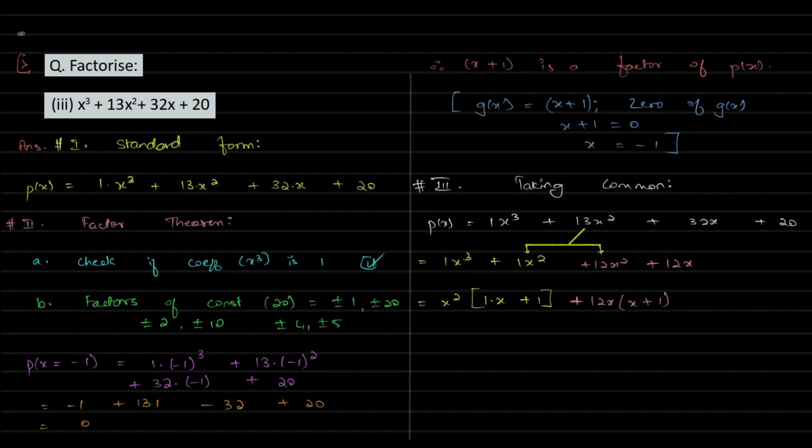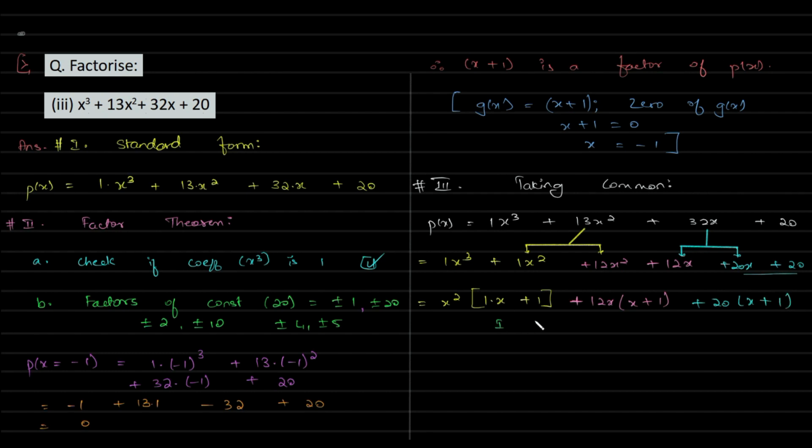And the next step: what should we add to 12x that will give you 32x? Plus 20x, right? So just copy the next term, and what is common between these two? We have plus 20, so you will be left with x plus 1.